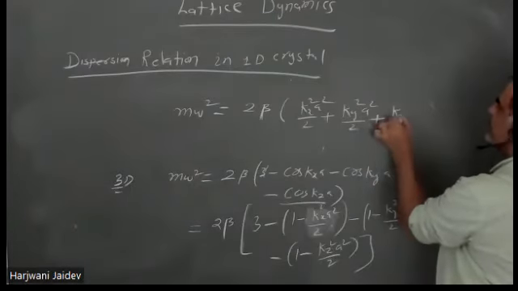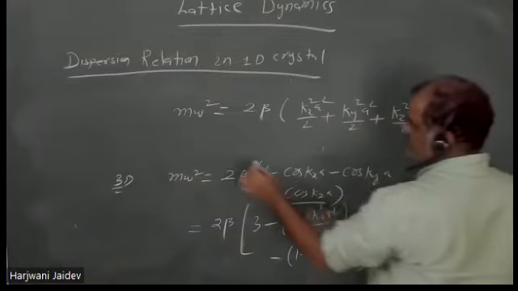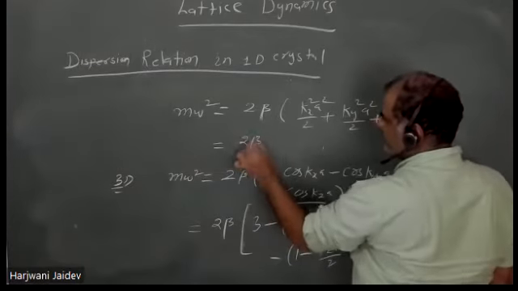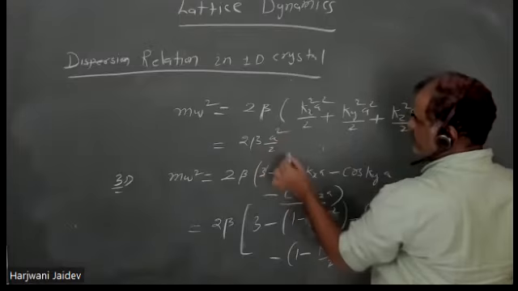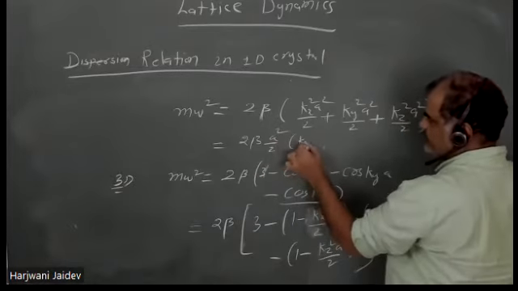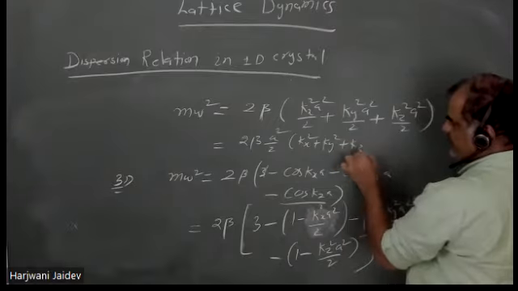So this I can write as 2 beta. Take a square common, 2 will also come common, and so we get kx square plus ky square plus kz square.